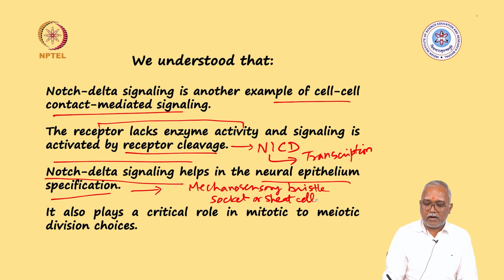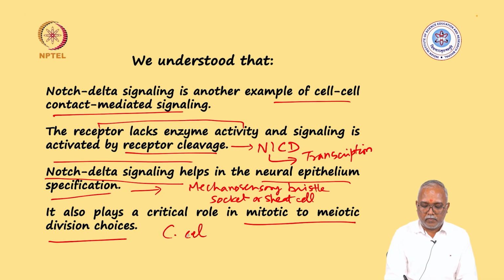And we saw example how this Notch-delta signaling plays very critical role in mitotic versus meiotic division choices in C. elegans, where the signaling activated to ensure that mitotic division is preferred.